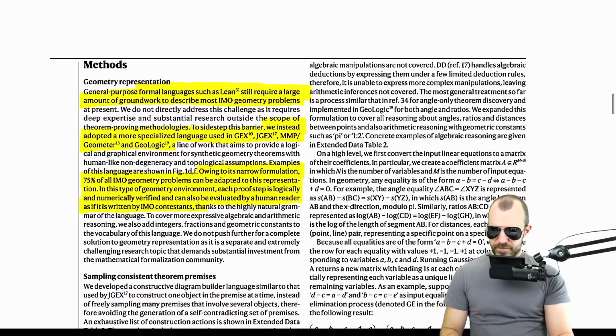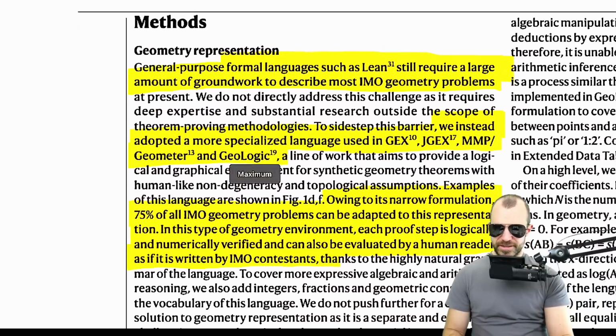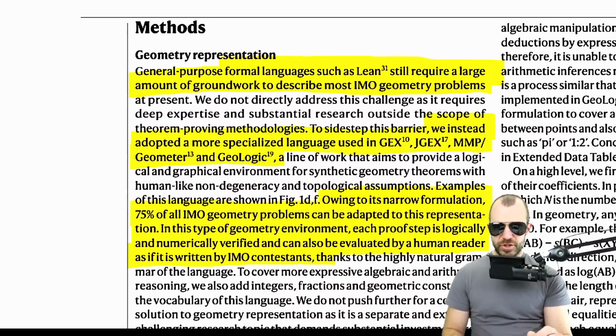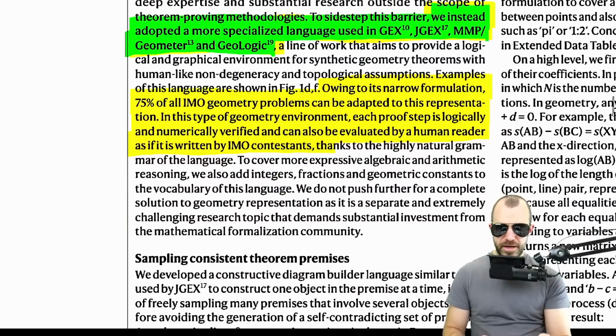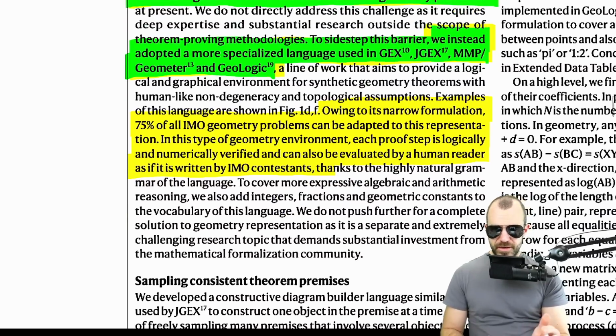Good, they say something about how they represented the problems. They purposefully don't use a formal language that can represent general math problems, such as Lean. They say that requires a large amount of groundwork to describe these problems. So they say we instead adopted a more specialized language used in these other works.